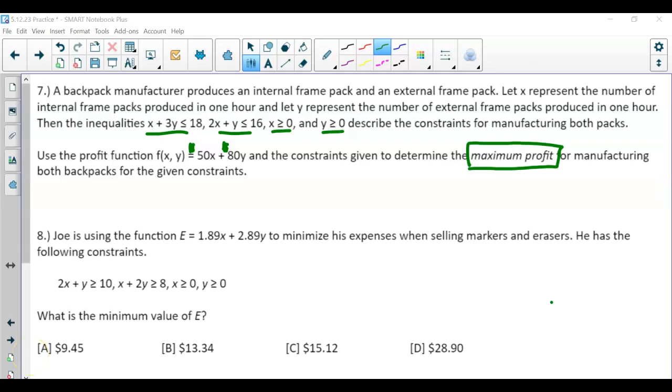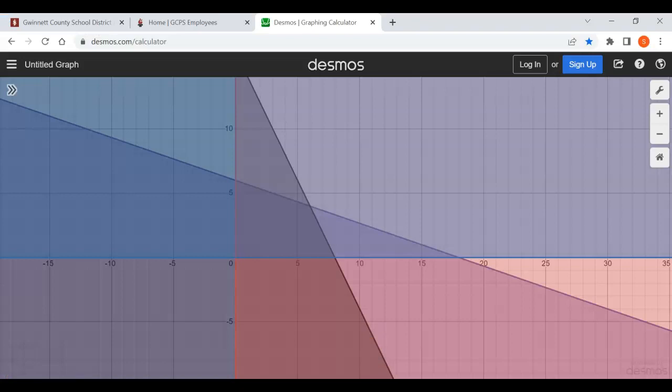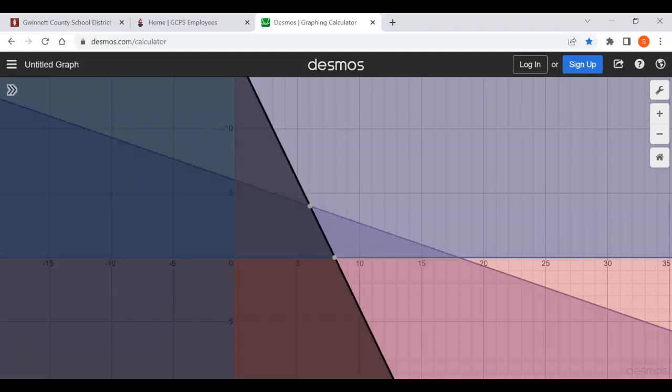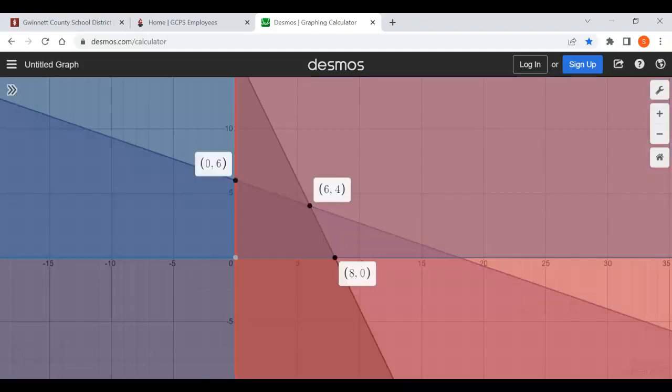After graphing, you'll see that everything needs to be positive, but we also had the other constraints of being less than. So we're looking at this region here where the vertices are (6, 4), (8, 0), (0, 6), and (0, 0). But really, we're not going to include (0, 0) because that's definitely not going to give us a maximum profit, because that represents nothing.